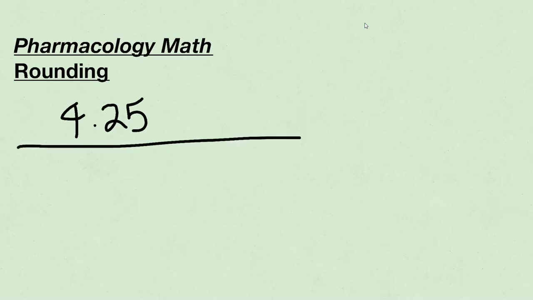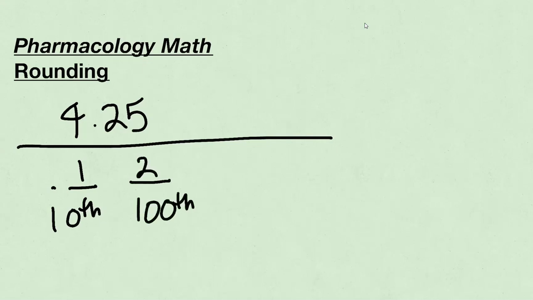So going back to what we've learned a long time ago, the first place after the decimal point would be your tenths place. 2 places after the decimal point would be your hundredths place. 3 places past the decimal point would be your thousandths place, and so on and so forth, going that way.